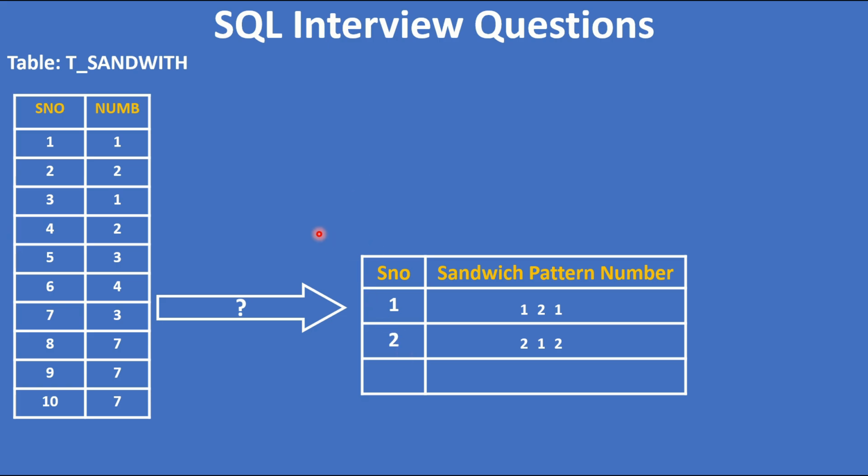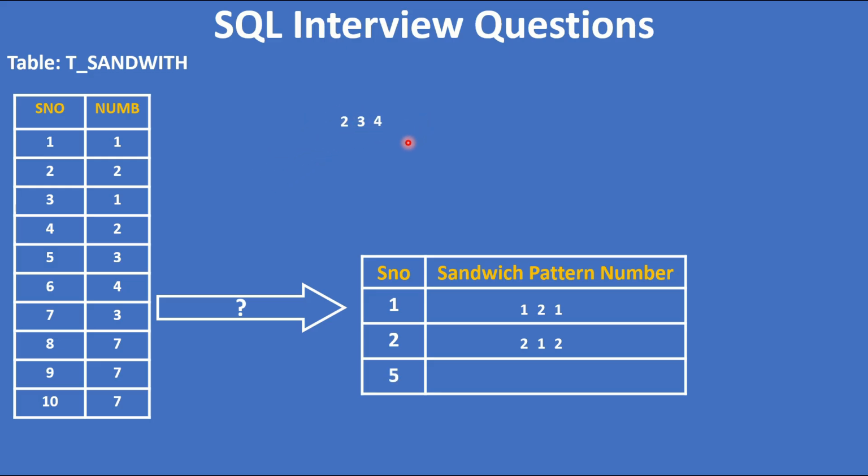Next, for serial number 3, the numbers are 1 2 3. This is not a sandwich pattern number because both ends have different numbers, so we can ignore this combination. Next one, for serial number 4, the values are 2 3 4.